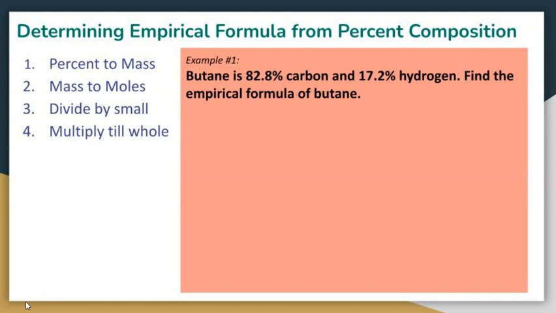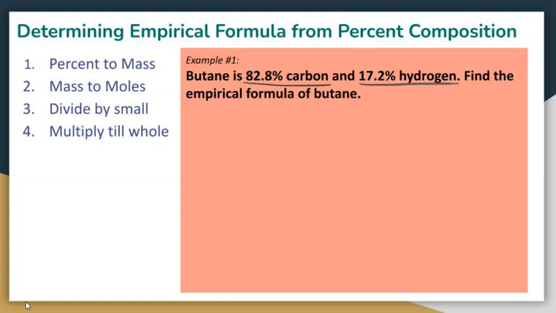So our first step here is literally just to take the percentages that are given in the problem, 82.8% carbon and 17.2% hydrogen, and convert them into grams. So we're just going to change the percent sign to a gram sign.